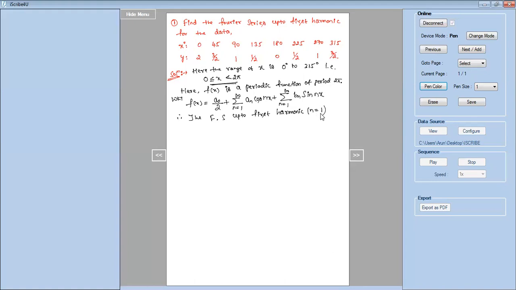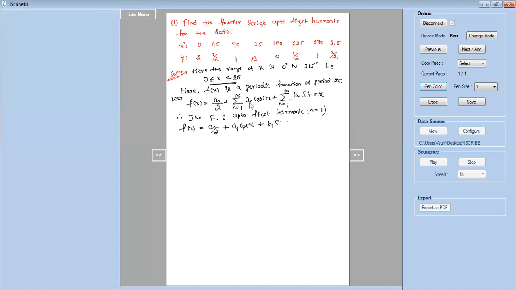So up to first harmonic, when n is 1, you just put n is equal to 1 in this. We get f of x is equal to a naught by 2 plus, just expanding by putting n is equal to 1, a1 cos 1 into x, that is cos x, plus b1 sin x.